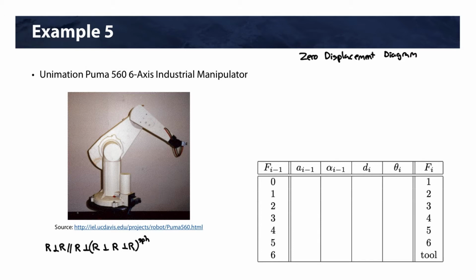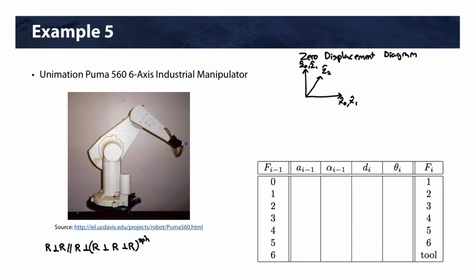So the 0 displacement for the Puma would look something like this. There's Z0 and Z1 here, X0 and X1 here. We're going to draw Z2 into the page.